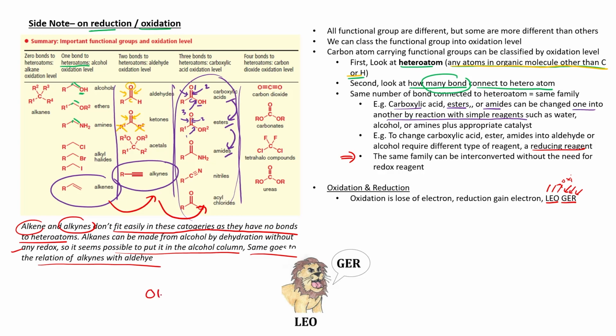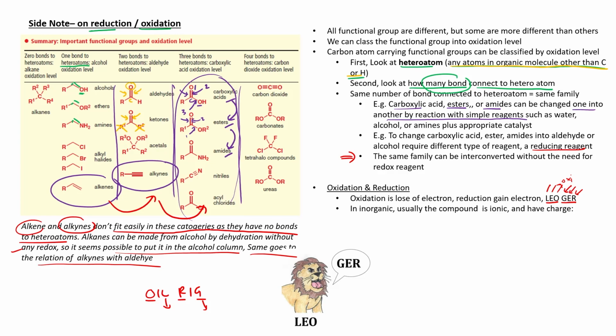Some people use OIL RIG, meaning oxidation is losing electrons, reduction is gaining electrons. Regardless of which mnemonic you use, it doesn't matter as long as you know losing electrons is oxidation, whereas gaining electrons is reduction.